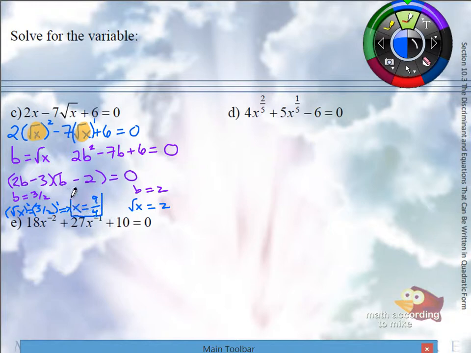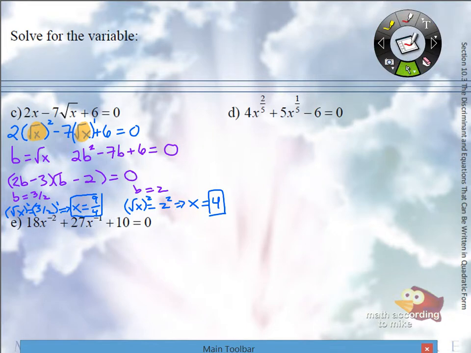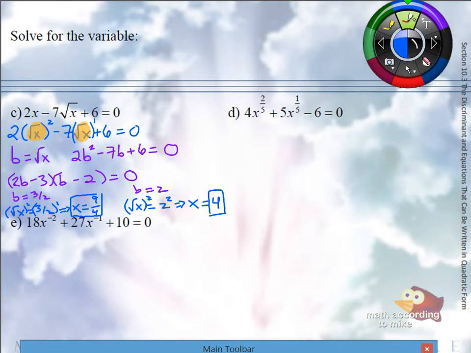So that's one answer. For the second one, if I square both sides, I get x to be 4. Oh, that's okay. You should technically check them. I think both of them work.